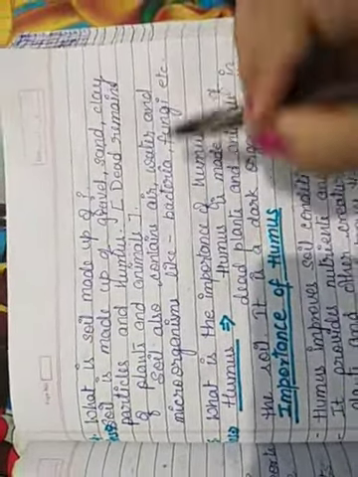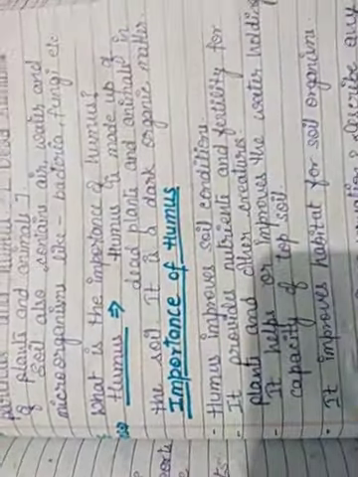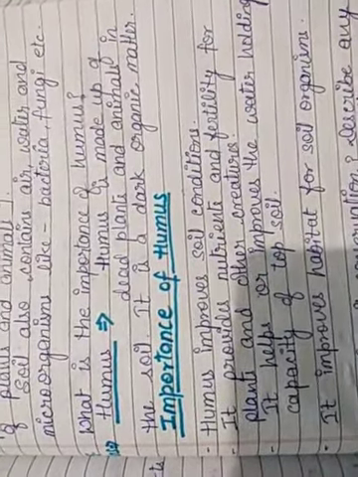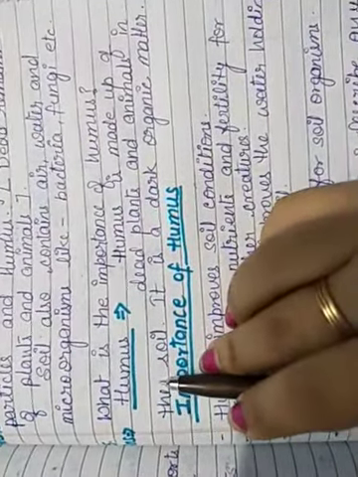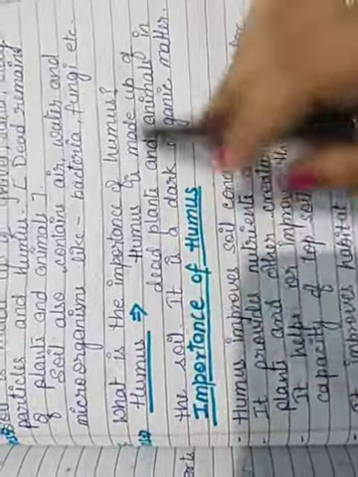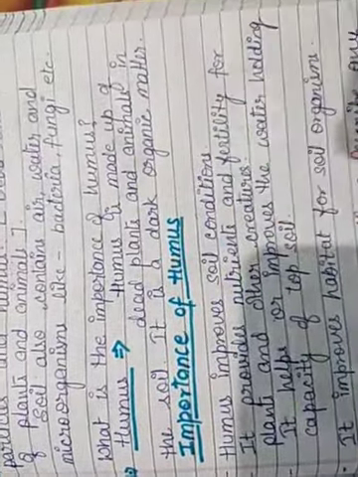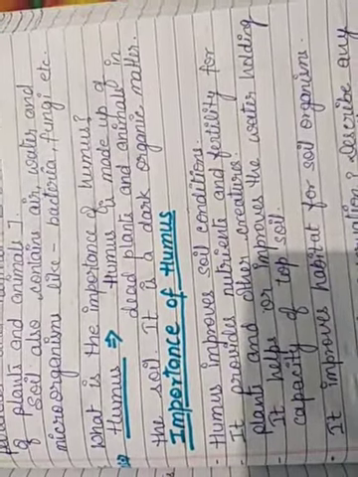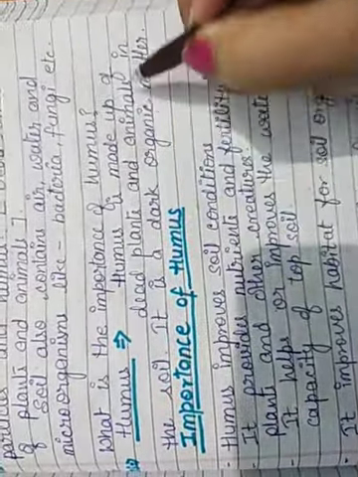Now the next question, what is the importance of humus? Here we have to write down the word. We have heard the word humus so many times. Actually it is very important for this chapter. So the definition of humus: humus is made up of dead plants and animals in the soil.